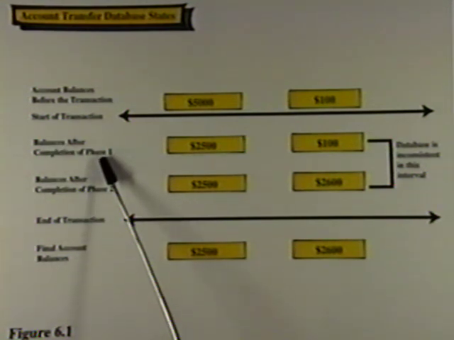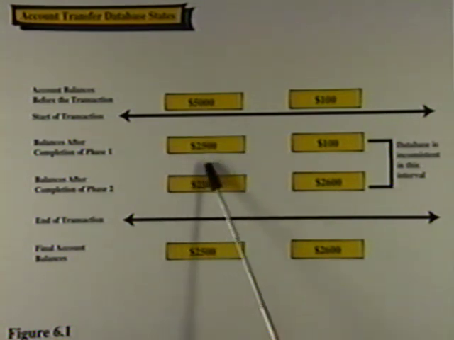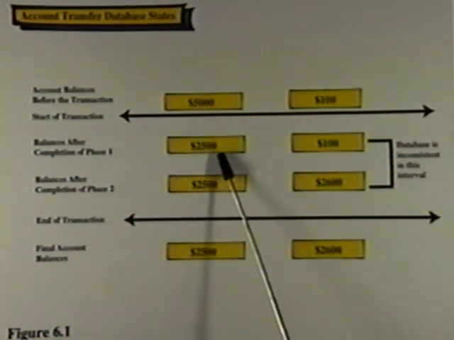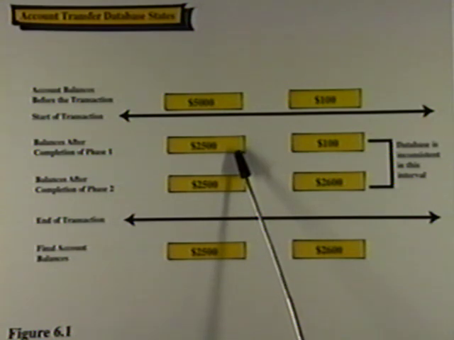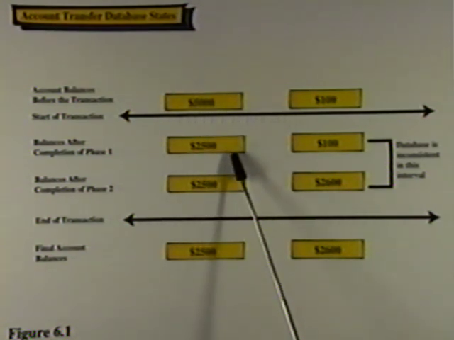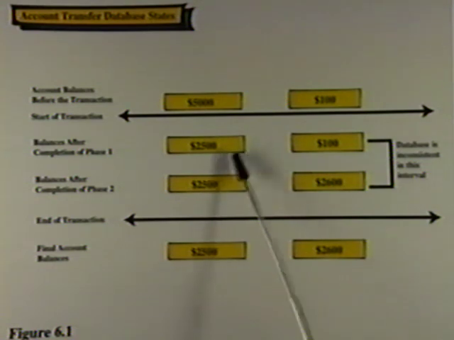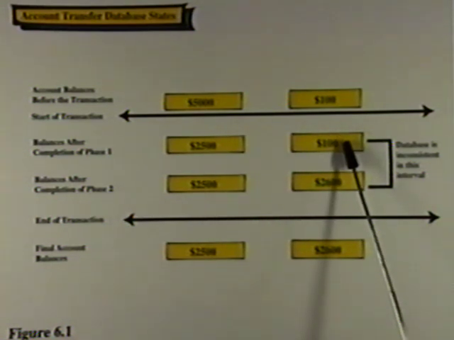After the completion of phase 1, the savings account balance has been updated to $2,500 because we have removed the $2,500 from the savings account. But the money subtracted from the savings account has not yet been added to the checking account.